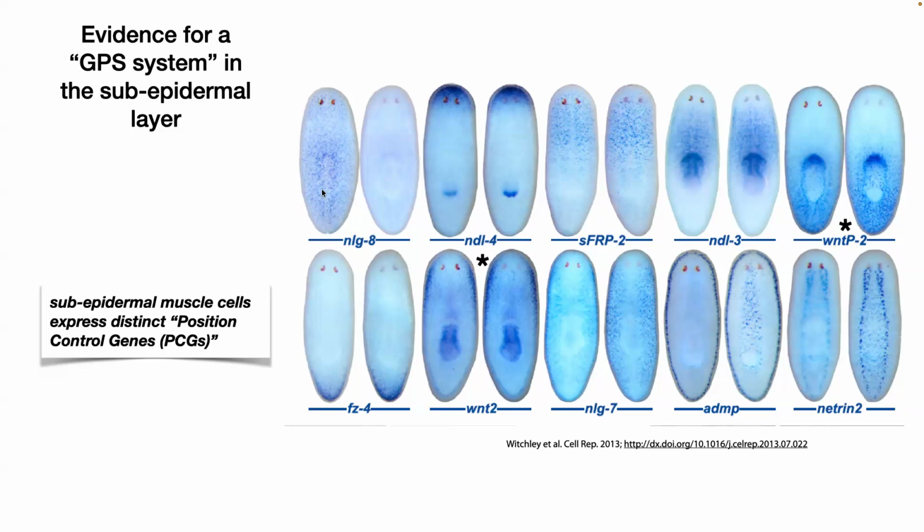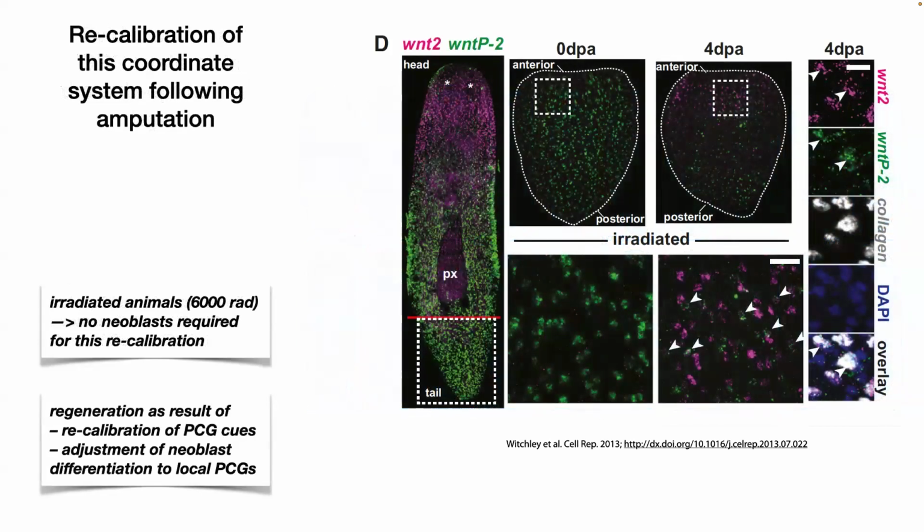This one is mostly expressed at the dorsal side, but not at the ventral side. There are genes like the secreted frizzled protein that are expressed in the anterior part, but not in the posterior. And conversely, there are genes like this WNT2, which are expressed at the posterior end and not at the anterior end.